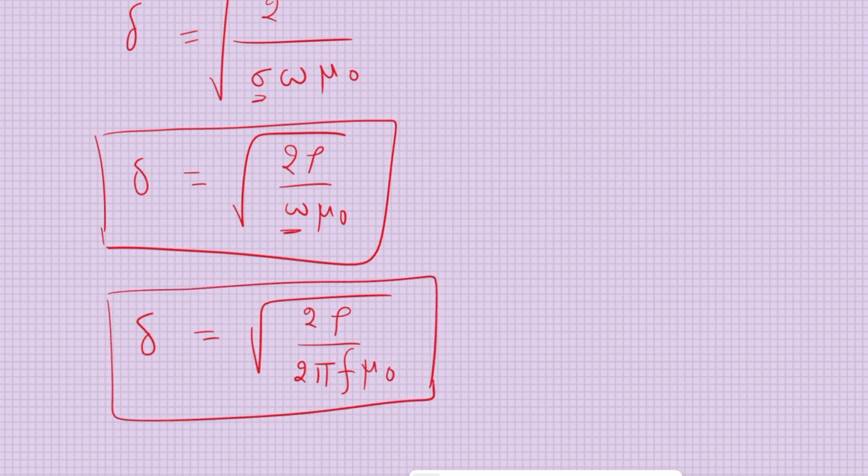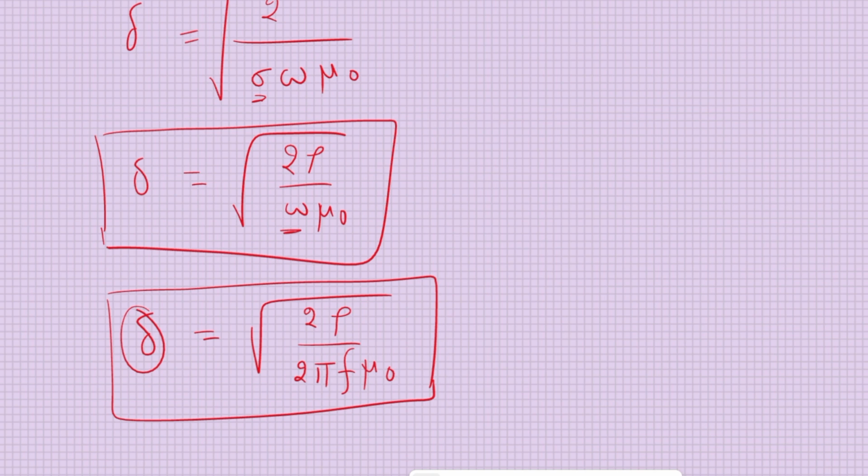What we discussed so far is that we can connect this skin depth parameter to various other parameters, depending on which parameters are available to us. Based on that, we can rearrange the skin depth relation and solve for the skin depth delta values.